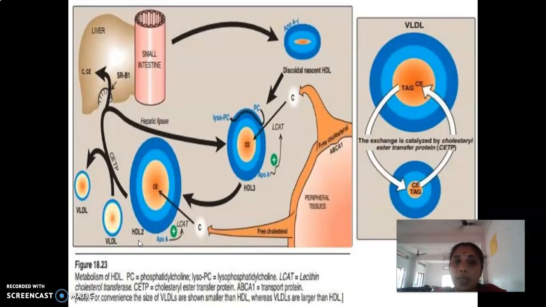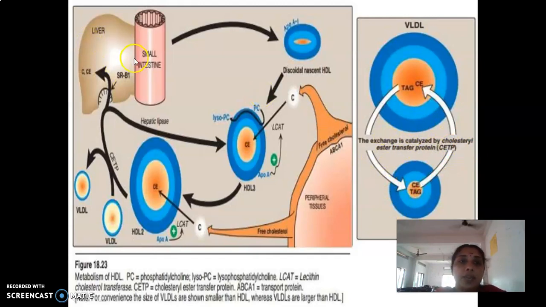They will be recirculated. So this is how the metabolism of HDL takes place, right? So this is a VLDL and this is a HDL. The VLDL is rich in TG. They have small amounts of cholesterol esters. So what is happening? The TG will be donated to the HDL, while cholesterol esters are taken up by the VLDL. So this is happening with the help of cholesterol ester transfer protein, CETP.